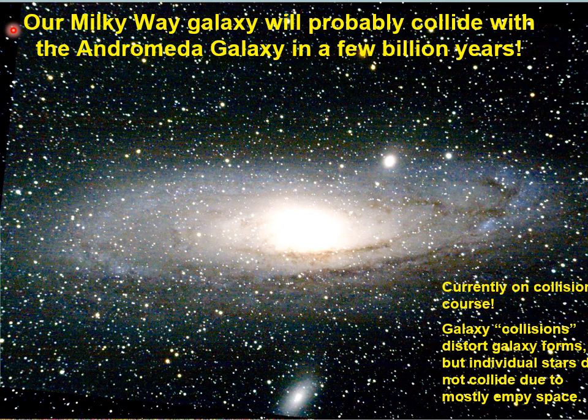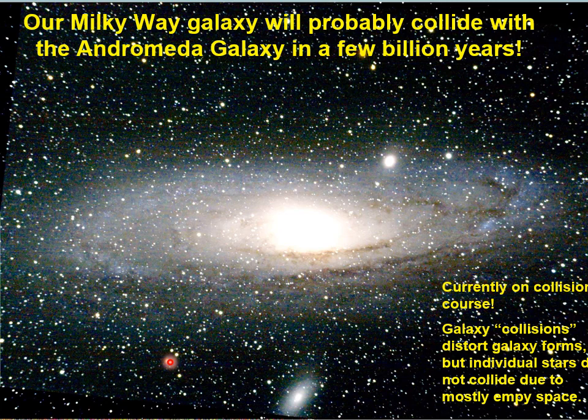And our last slide here for our chapter on galaxies is, again, a picture of our Andromeda galaxy. And it turns out that our Milky Way will probably collide with the Andromeda galaxy in a few billion years. Apparently, we're on a collision course. So again, what's going to happen to our Milky Way and Andromeda when they actually collide? Well, the galaxies will certainly look very different after they merge together and collide.